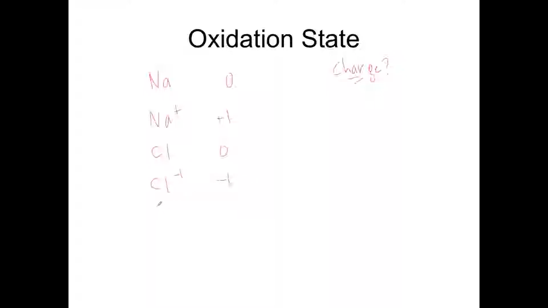It's -1. What about diatomic chlorine, molecular chlorine? It's 0, right? Because it's by itself. You see? It's got another chlorine there, but it's like its charge. And so Cl2, as you can see, it's nothing but chlorine there. Its oxidation state is going to be 0.